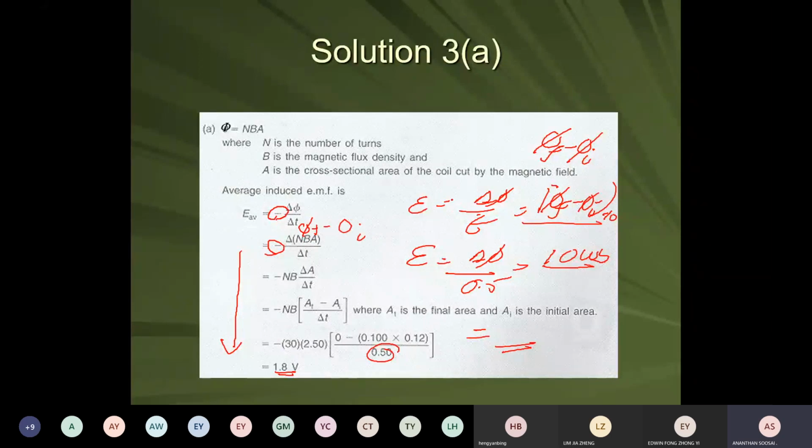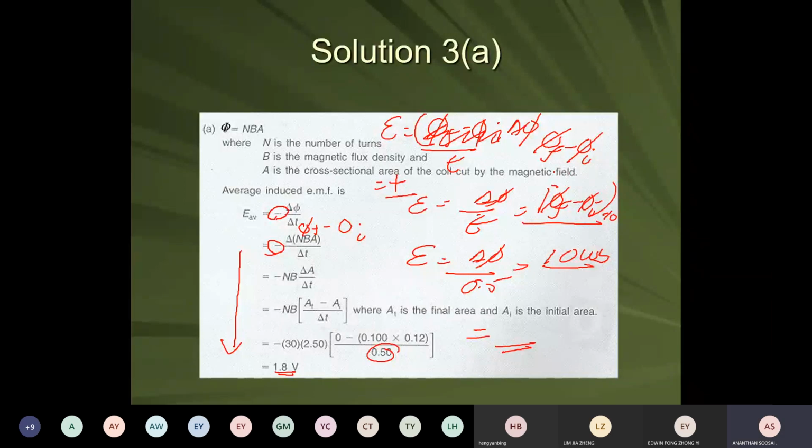But in Cambridge, in the mark scheme, let's say this question was asked in Cambridge, they never put final minus initial over time. They just put the change of flux, and they always put it as positive. They always take it as positive.